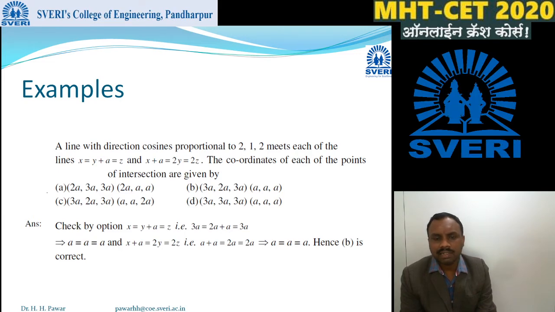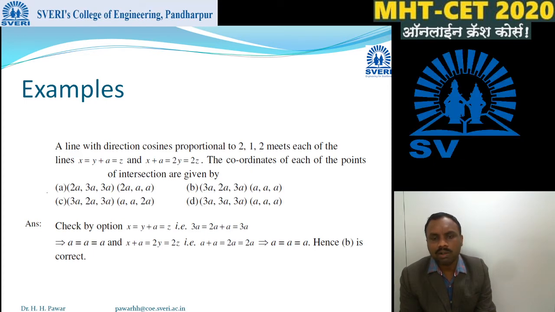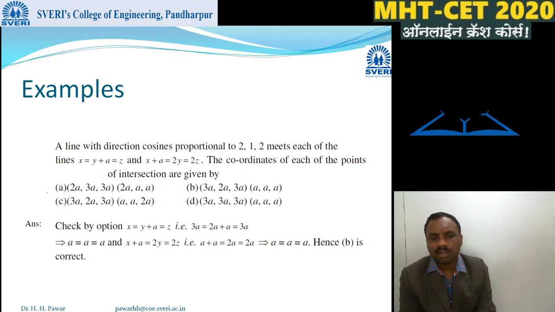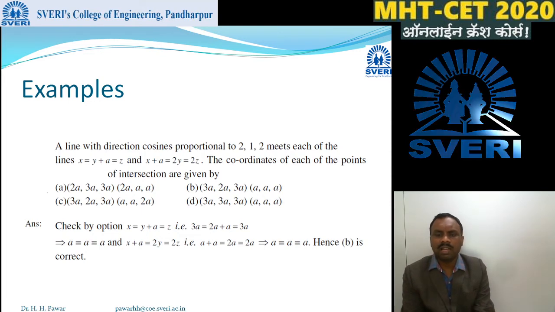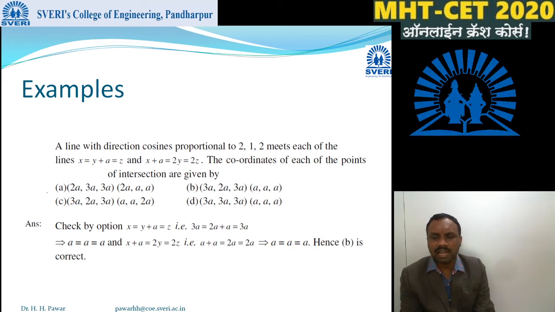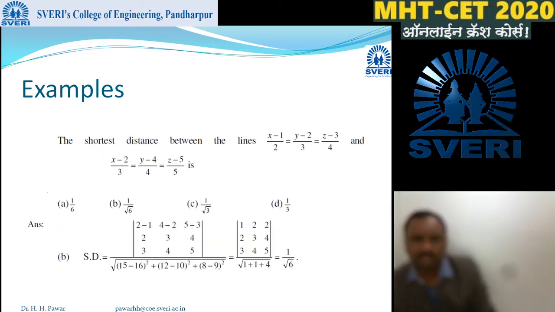Again check for the other line, x plus a equal to 2y equal to 2z. So put here a plus a is equal to 2a, 2 into y, that is 2a, and 2 into z is again 2a. So it will give us a as the correct choice for this. Hence B is correct, then no need to calculate the other options here. It is a short trick for this example.